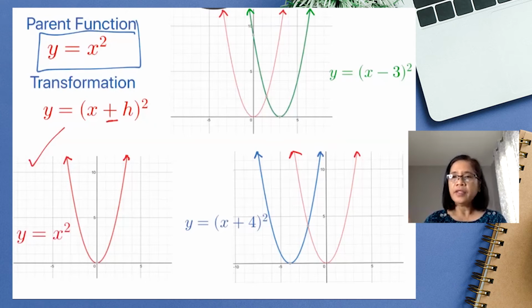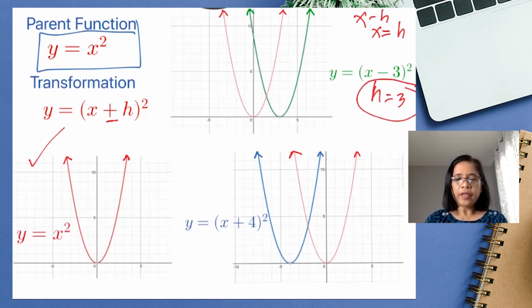Then let's start with the value when h is 3. If you solve for x here, when you're looking at x minus h, you solve for h, you have x is equal to h. That's why h here is equal to 3.